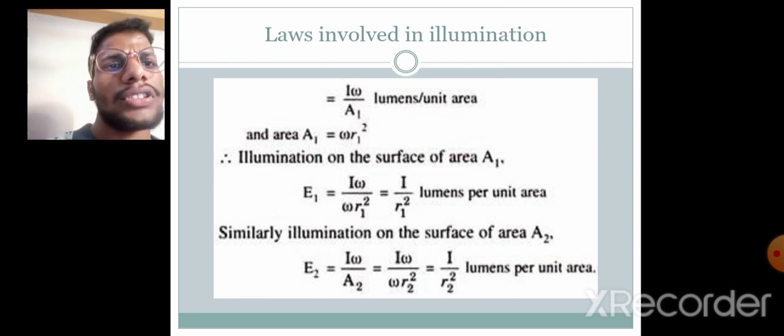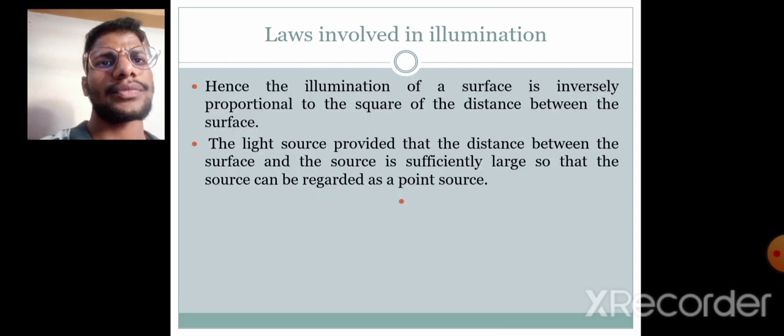Similarly, the illumination on the surface of area A2 is E2 equals I omega by A2, where A2 equals omega r2 square, so E2 equals I by r2 square lumens per unit area.